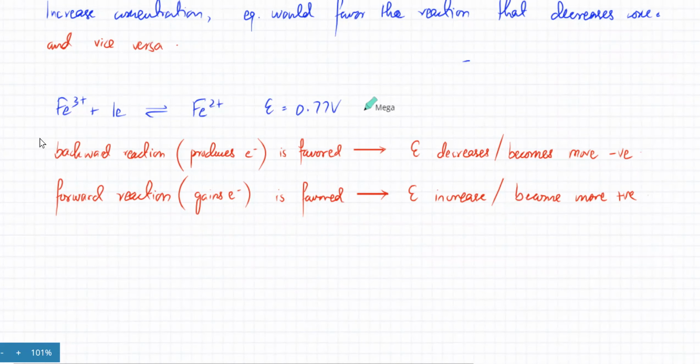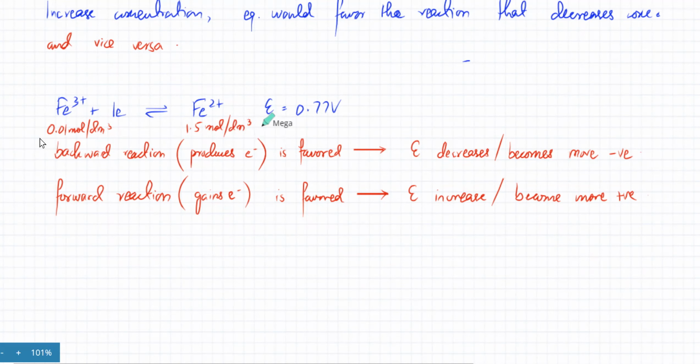So for example, if I do a reaction in which the concentration of iron ions is now 0.01 mole per dm cube, and the concentration of Fe2+ ions is 1.5 mole per dm cube, where do you think the equilibrium would shift? Backwards or forwards?